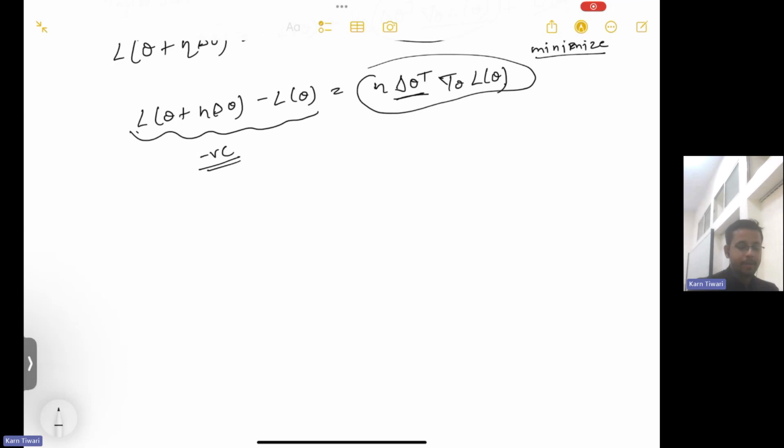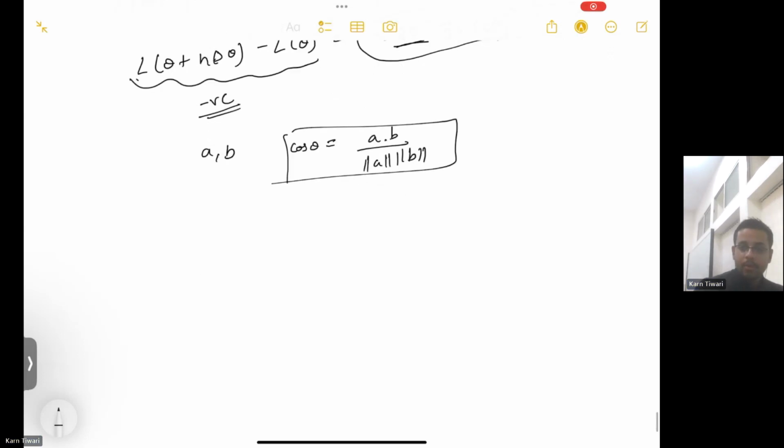How can we do that? We have two vectors. This thing you can write as two vectors, and we know about two vectors that if we have a vector A and B, then A dot B divided by norm of A and norm of B gives you cos theta. This we know. Okay. What does this imply?